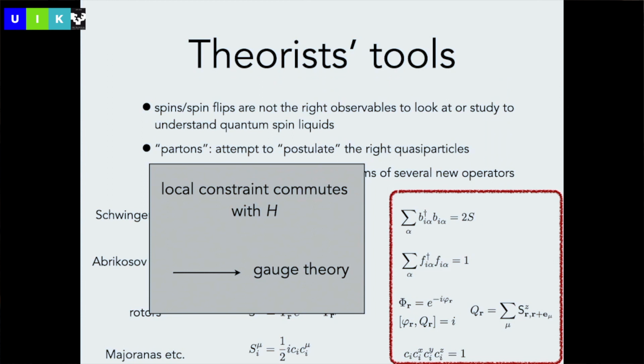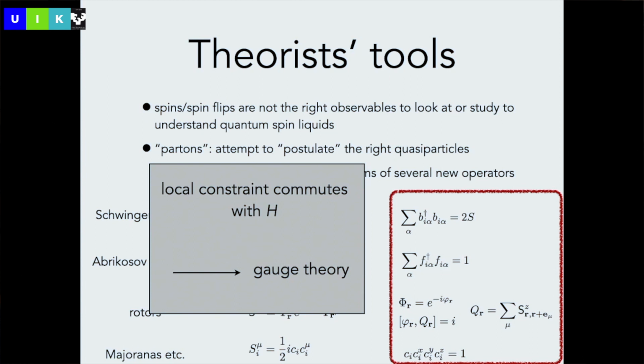Another thing I want to mention about the constraints related to my comment about gauge theories is that these are all local constraints, and local constraints which commute with the Hamiltonian. And in fact, these local constraints, this local freedom, is exactly a gauge theory.